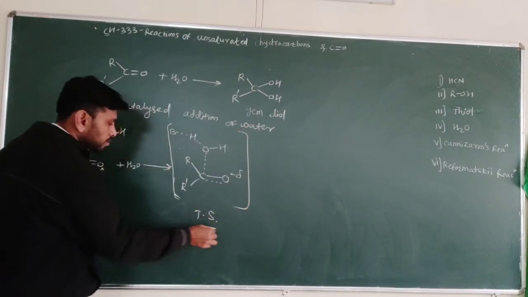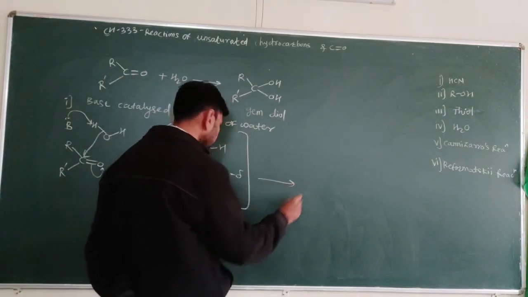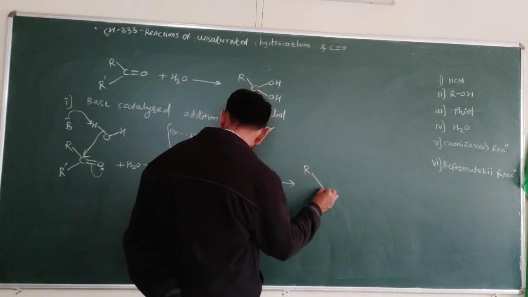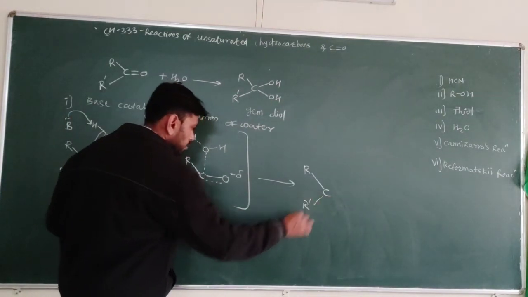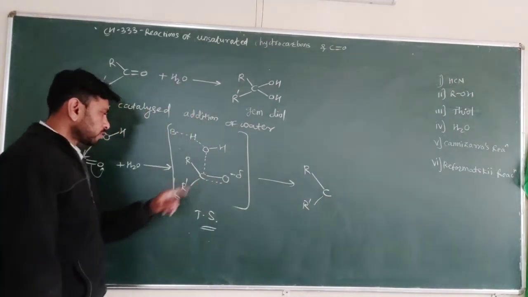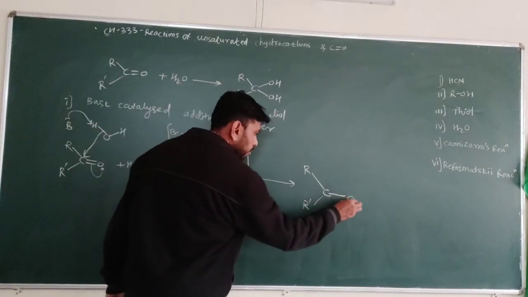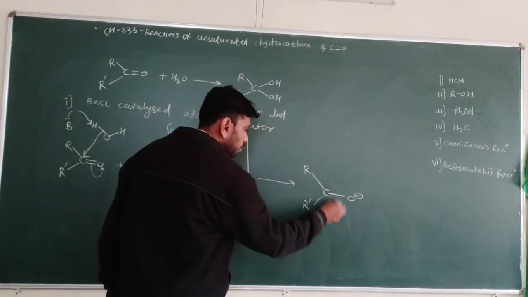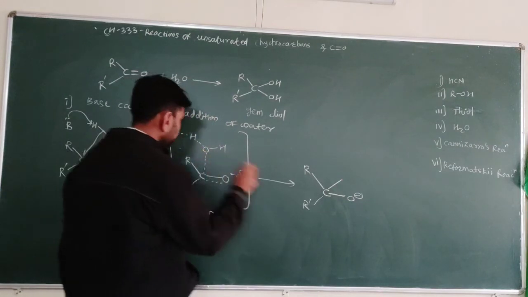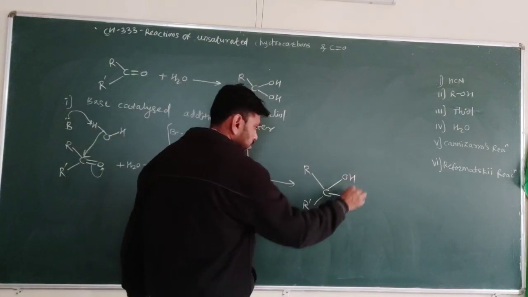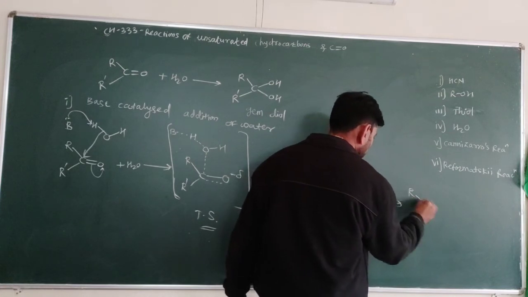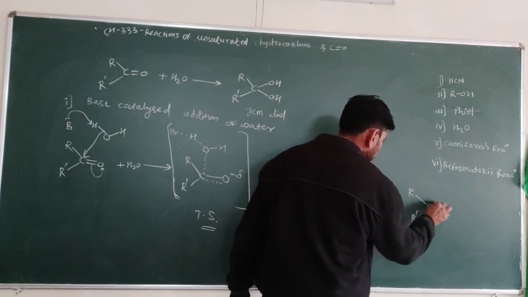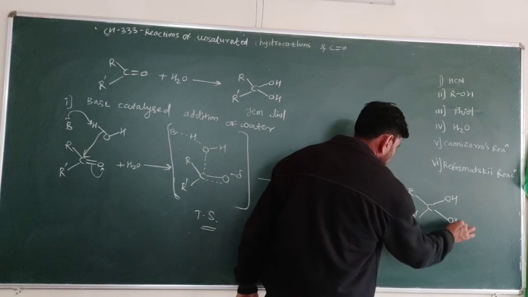So this is the transition state, and breaking of this transition state leads to the formation of product R C R dash C, with complete breaking of the carbon oxygen bond, C O minus, and here OH.